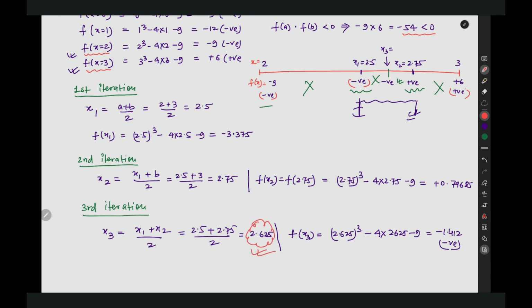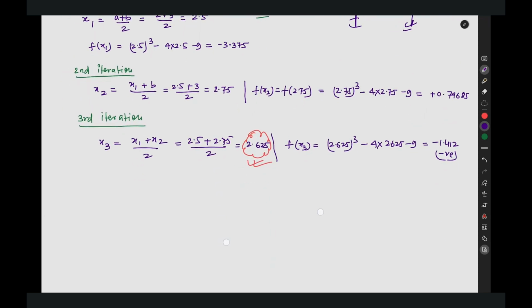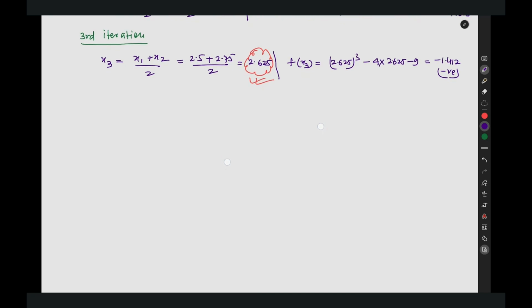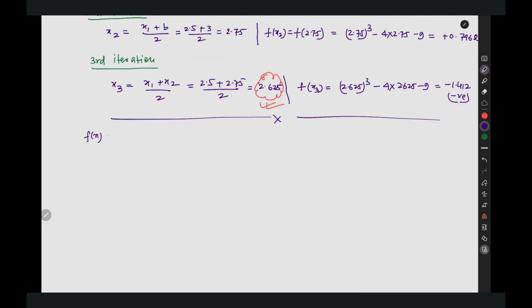But our main motto was to understand the concept. For the bisection, we have to understand that f(x) we have taken as x cube minus 4x minus 9. From looking at the equation, we can say that this equation has 3 roots.